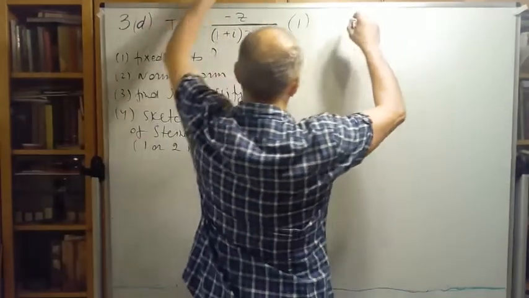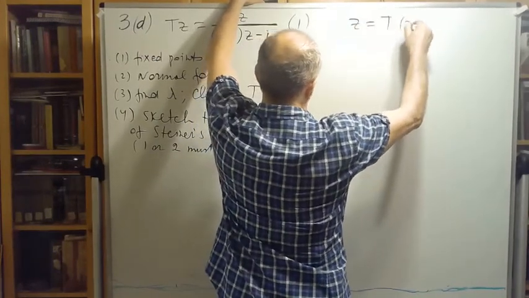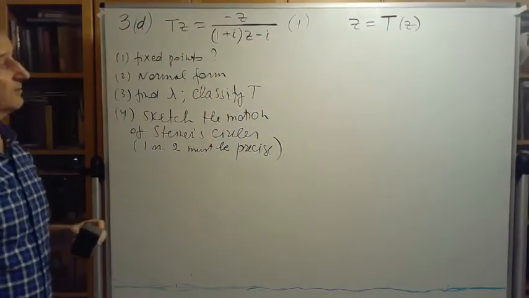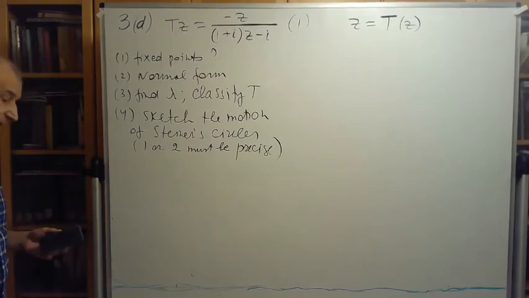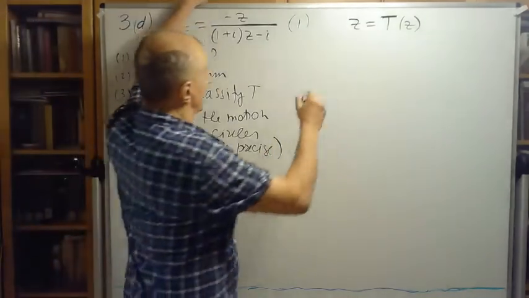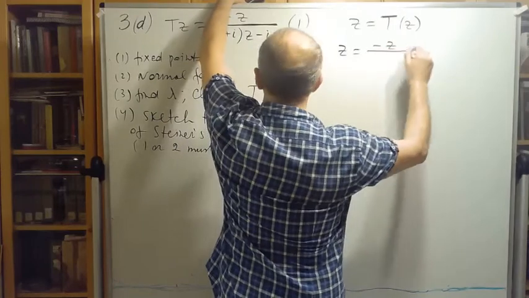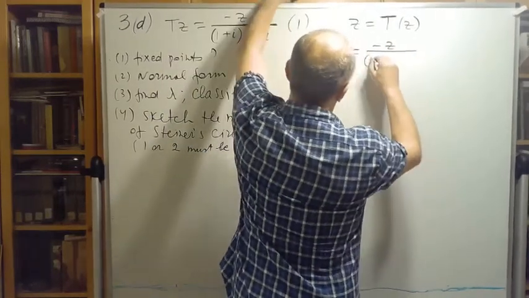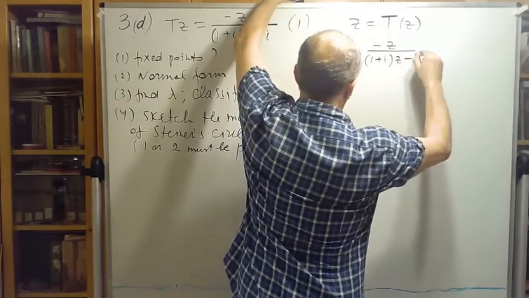So first of all, fixed points. z equals T of z. Yes, point z is immovable by transformation. We know that every Möbius transformation will have one or two fixed points. So let's calculate for this case. z equals negative z divided by (1 plus i)z minus i.